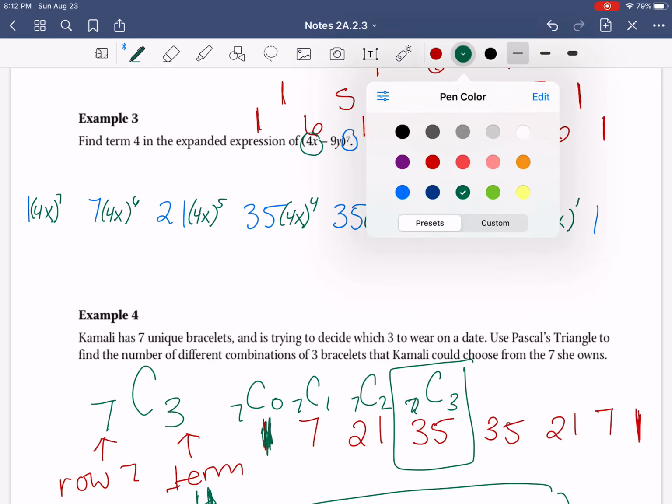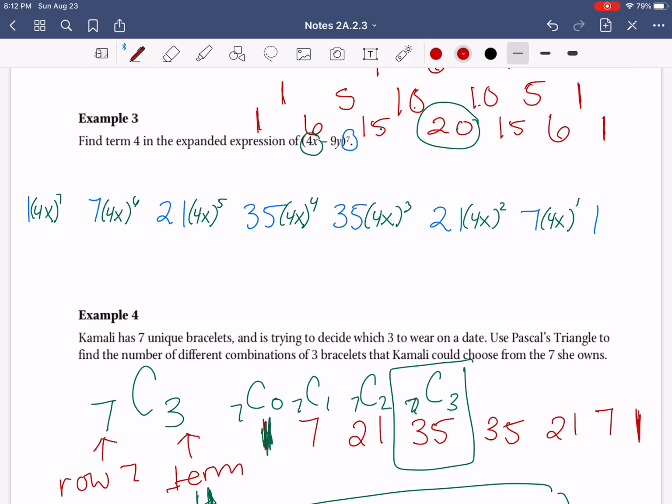And then we have a minus 9y, you've got to put the sign with it, and it would work backwards. Negative 9y to the power of 7, negative 9y to the power of 6, negative 9y to the power of 5, negative 9y to the power of 4, negative 9y to the power of 3, negative 9y squared, negative 9y to the power of 1.